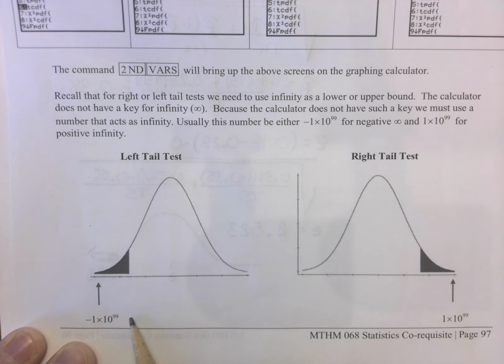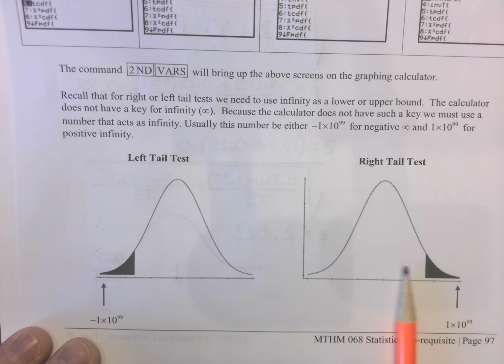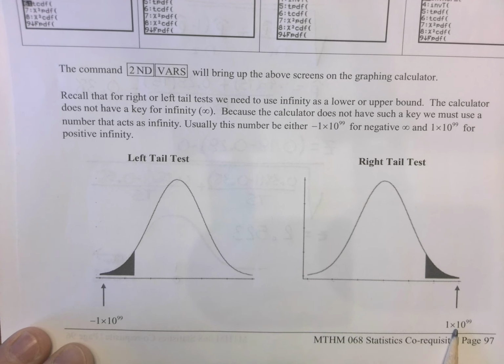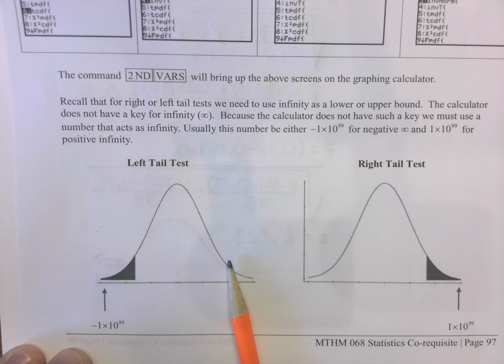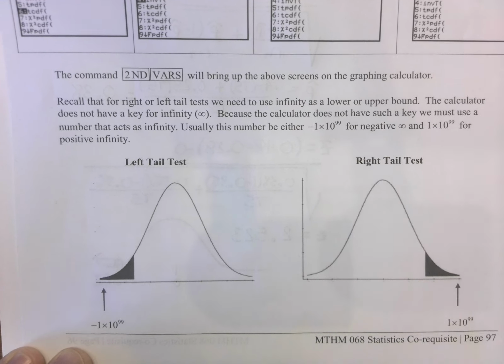That's a -1 with 99 zeros on the right side of it. That's a pretty small number, folks, infinitely to the left. The opposite applies on the right-hand side: if we have a right bound, we use a +1 times that same 10 to the 99. If we have a right tail test, we use +1. If we have a left tail test, we use -1. If we have a test that's in between two numbers, we won't use either one because we're not going to infinity.